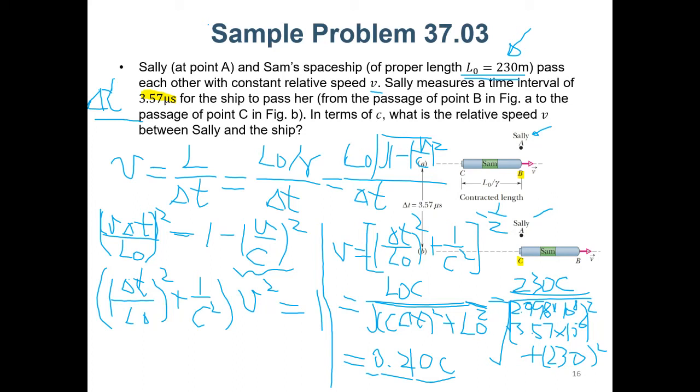If you just calculate gamma when V over C equals 0.21, it is something like 0.978. If you don't really need a very high accuracy, this is just 2% different if you don't consider the special relativity effect.